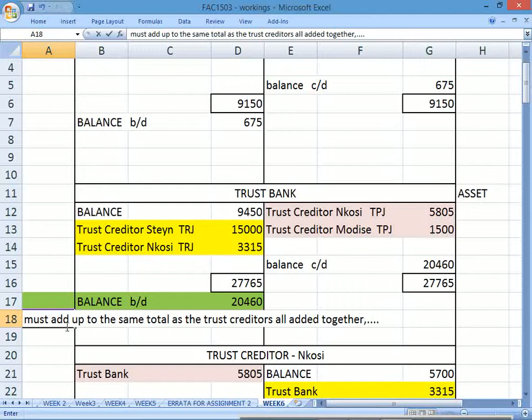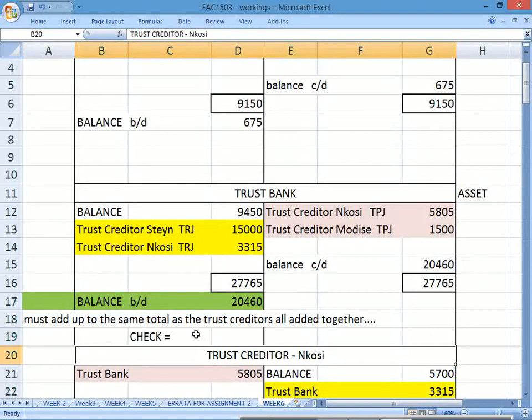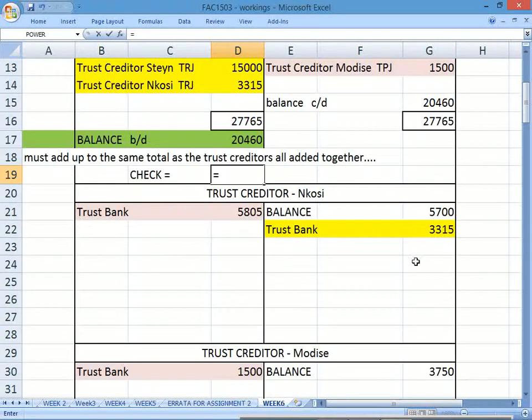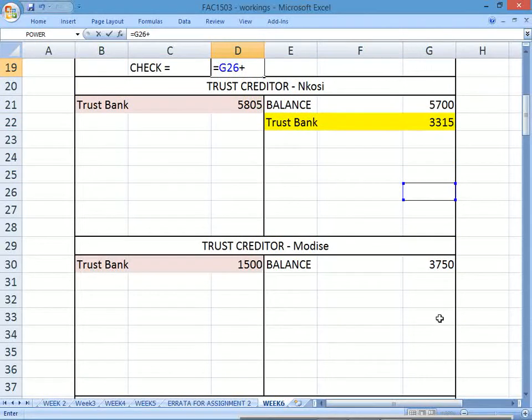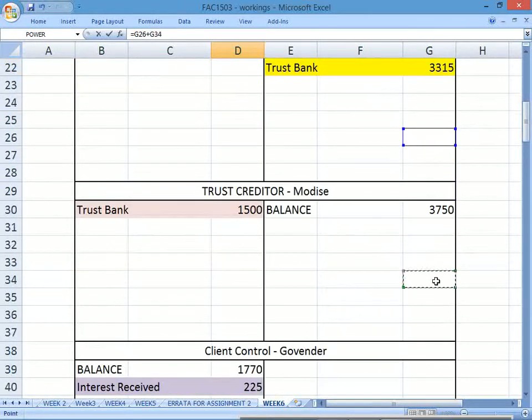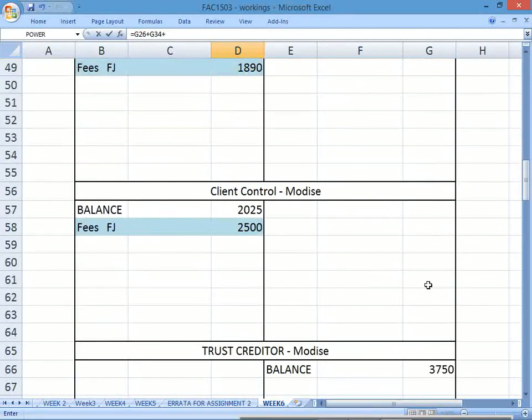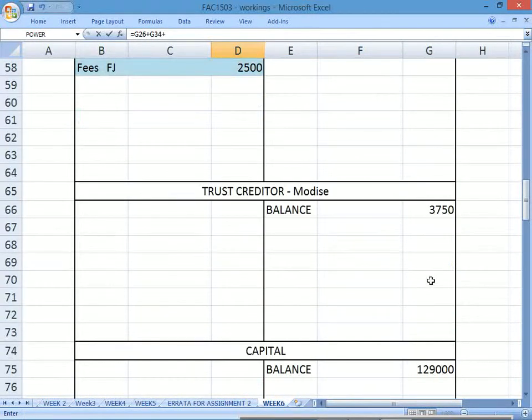Okay, let's see if we've got that. So let's check. Here's the check. Equals trust creditor Nkosi. I'm going to need a balance, so I'll get a balance here. I'm just going to put the balance on that line plus balance on this line plus, where's the other trust creditor? We had another guy, Modise here, plus that balance there.